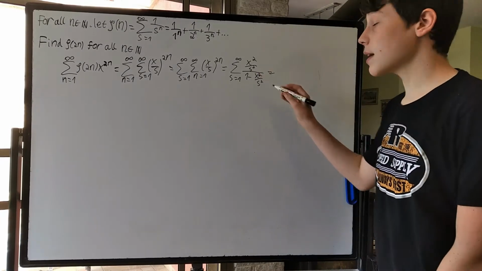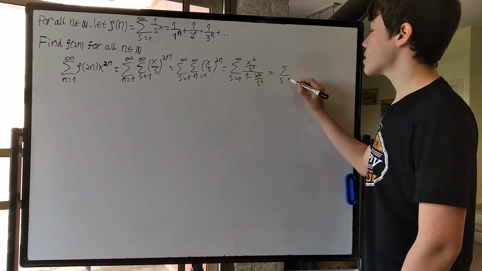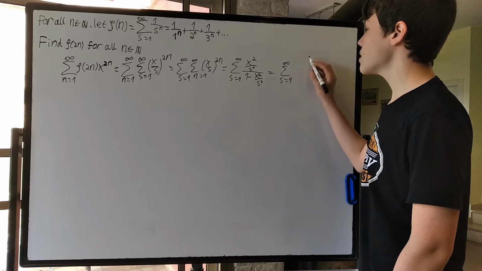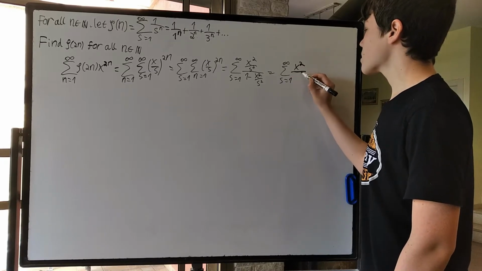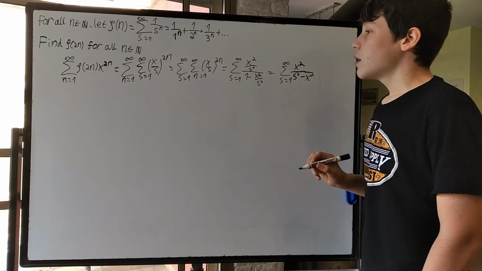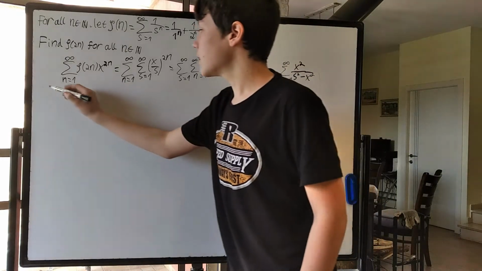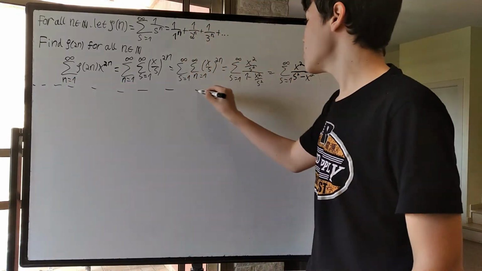Then just multiply by s squared, numerator and denominator, to get that this is the sum as s goes from 1 to infinity of x squared over s squared minus x squared. So now we have this sort of identity, and we will use it later on.